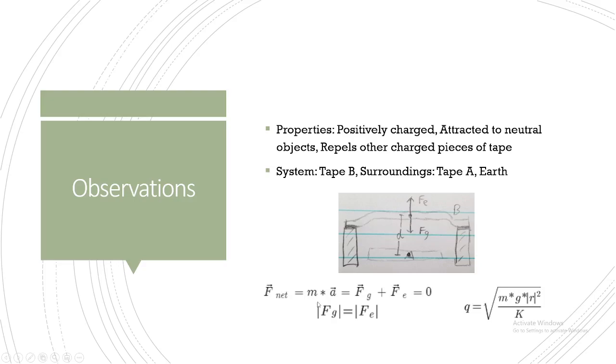By Newton's second law, we know these forces as vectors will sum to zero, as there's no acceleration. That also means that the magnitude of these forces must be equivalent. Knowing this, we're able to solve for Q, the charge of one piece of Scotch tape.